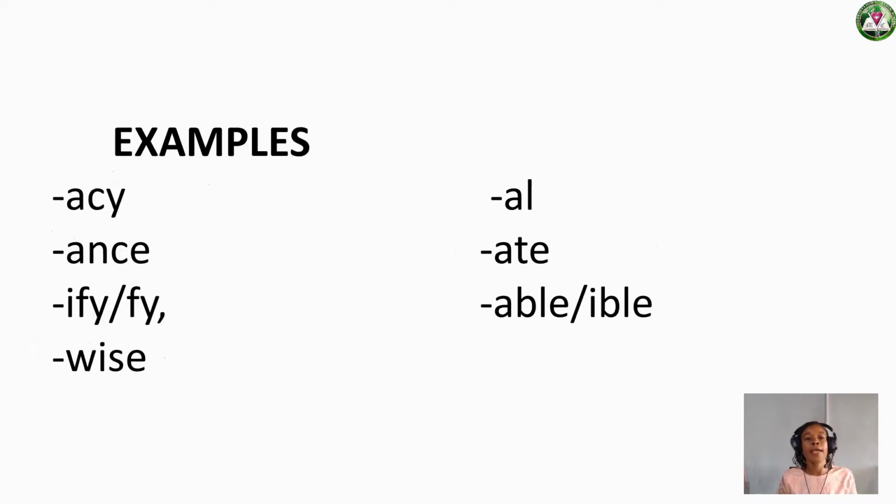Let's take some examples. We have -ACY, A-C-Y. You have -ANCE, A-N-C-E. You remember there is a hyphen before the suffix. That means something is supposed to be there before you put the other one. You have -IFY, that's I-F-Y. You have -FY.